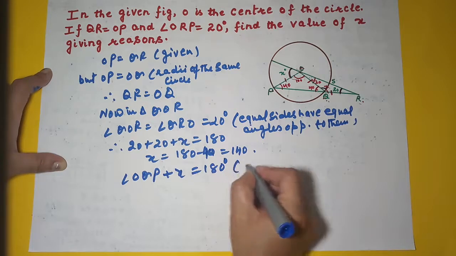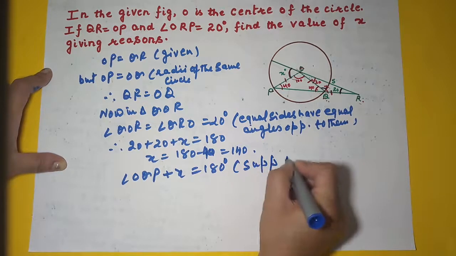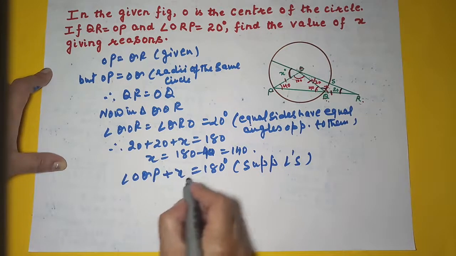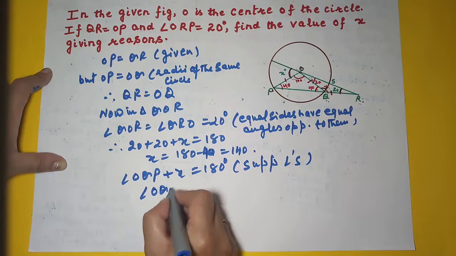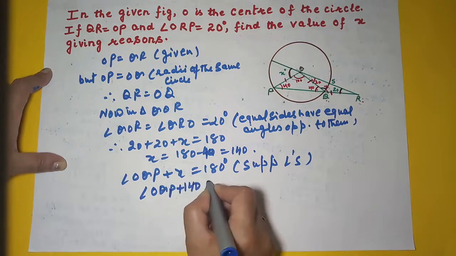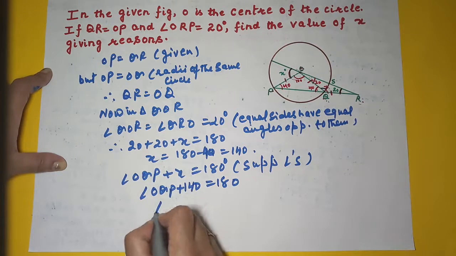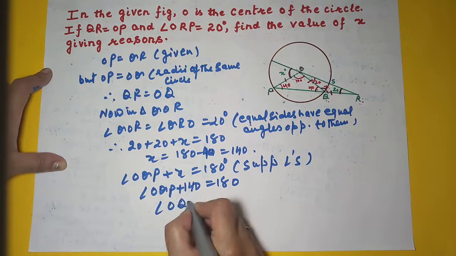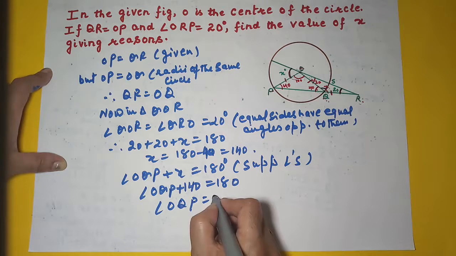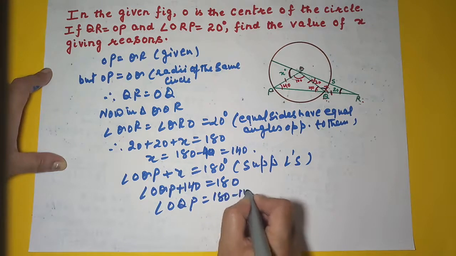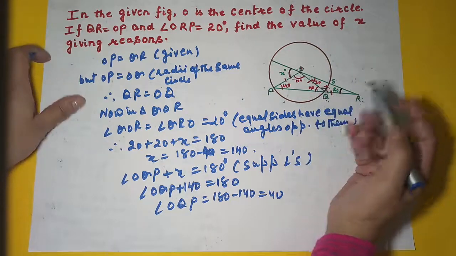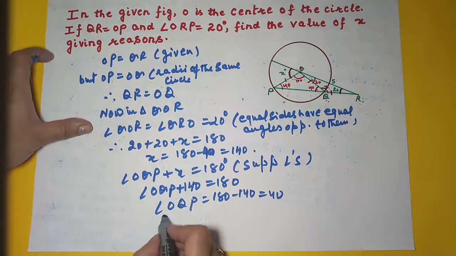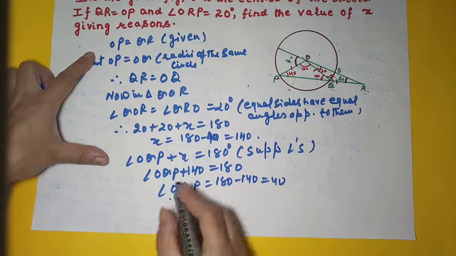180. Reason, supplementary angles. X you have found 140. So angle OQP plus 140 equal to 180, which gives you your angle OQP equal to 180 minus 140, which is equal to 40. You got this angle as 40. Now again, if you take which triangle?